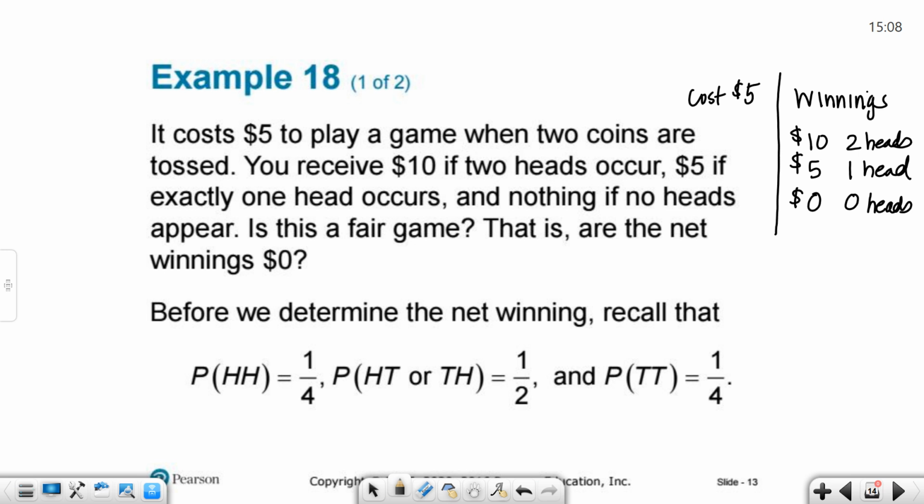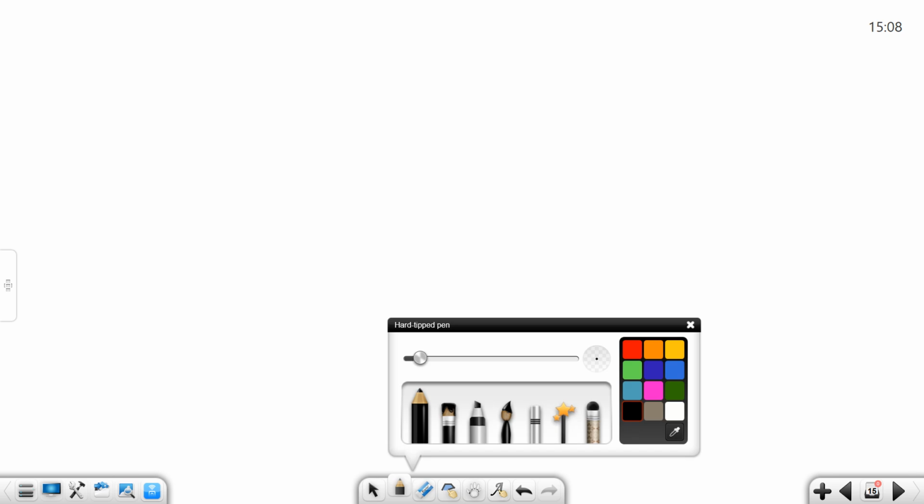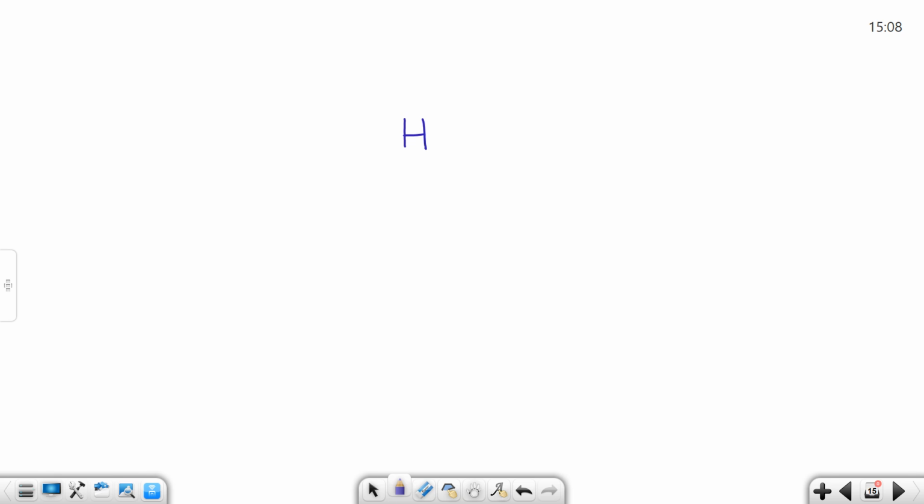The first thing we have to do is talk about tossing 2 coins. Here's how that looks, because we did that before. Here's your first coin.